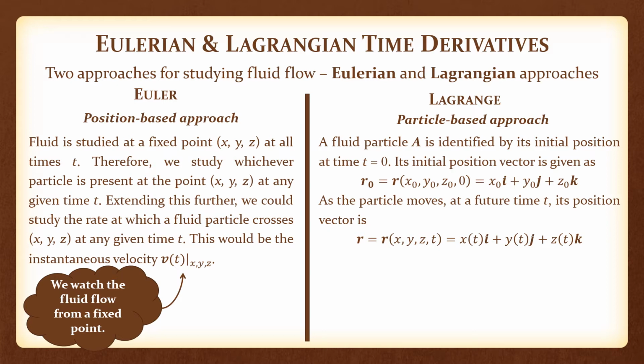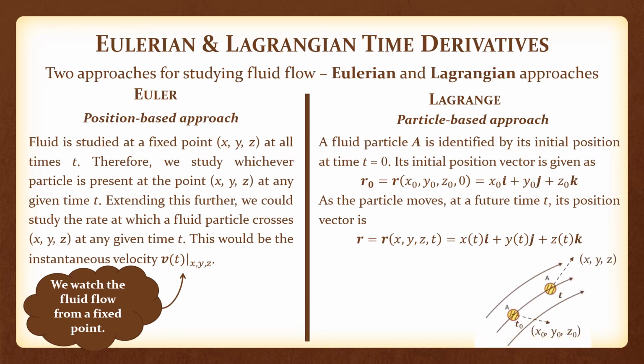As the particle moves, at a future time its position vector will obviously be different from r0, and that depends on how x evolves from x0 to a new position given by x of t, how y evolves from y0, the initial position along the y-axis, to a new y of t, and z evolves from z0 to z of t. So this evolution is what we are interested in tracking because we are going along with the particle.